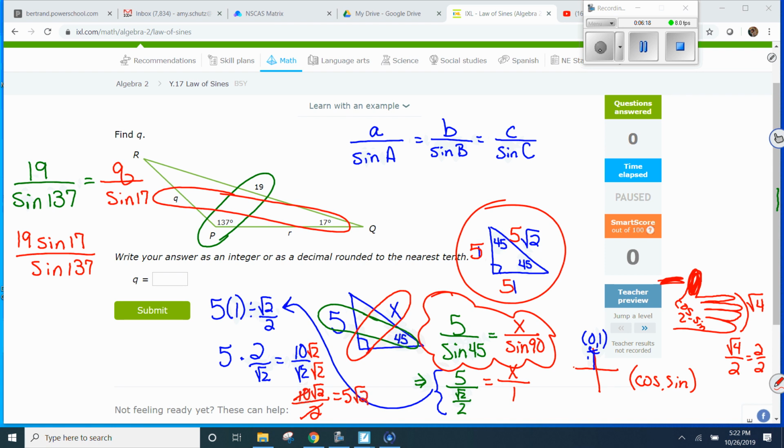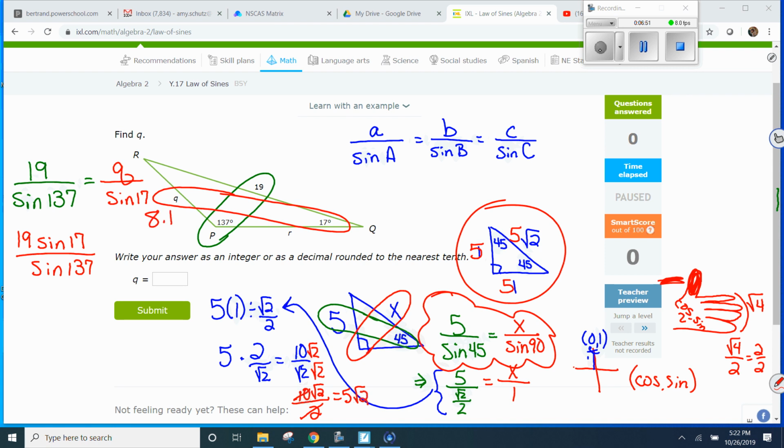Okay, so you take your calculator, and if you were to go ahead and calculate that, oh, I'm deleting a whole bunch of things on my calculator to get to it here. Okay, so 19 times the sine of 17, and then divide by the sine of 137. It showed up as 17. Good thing I double checked that. You get a value of 8.14. So that's just going to be 8.1.